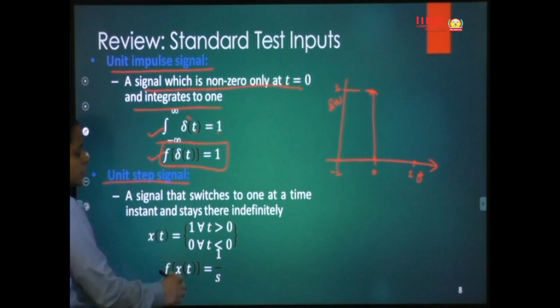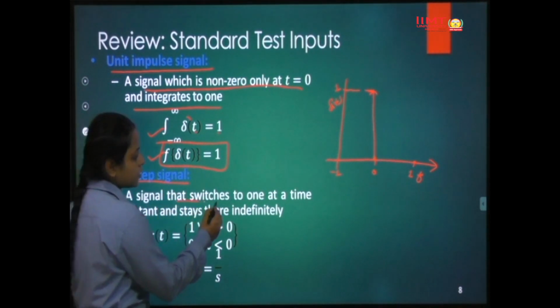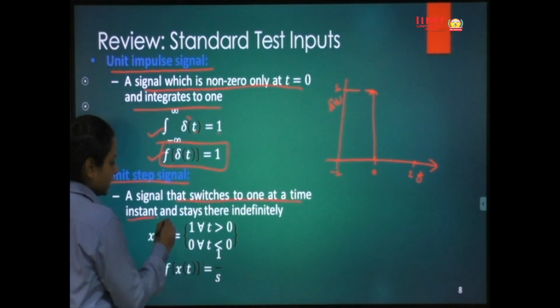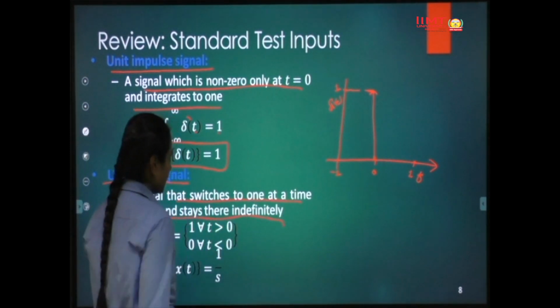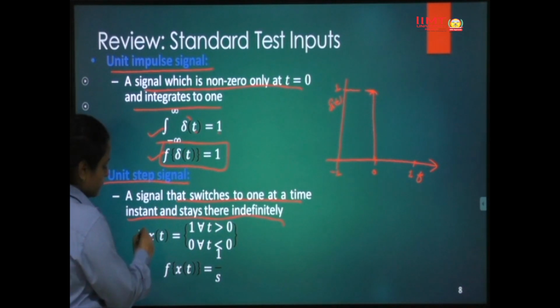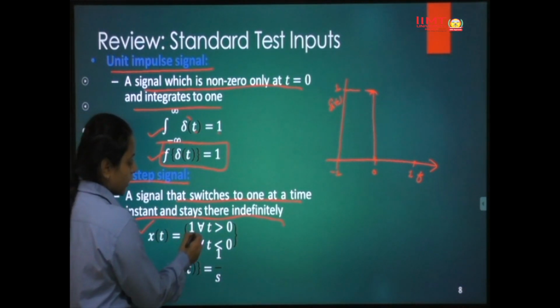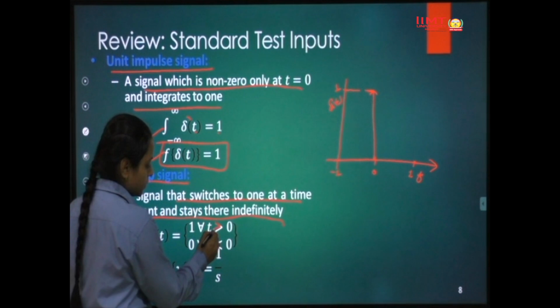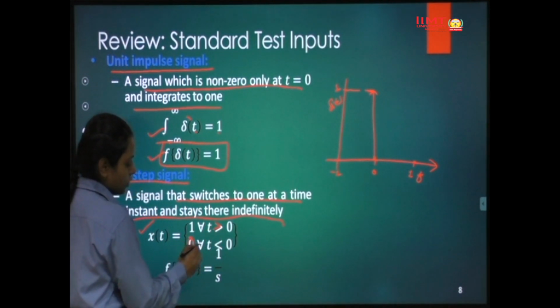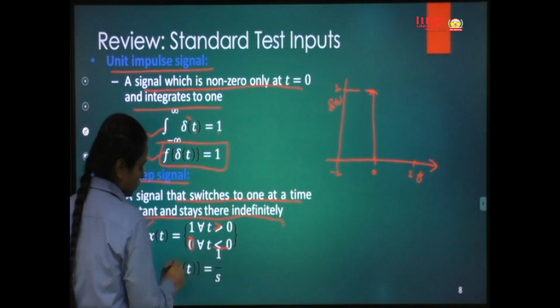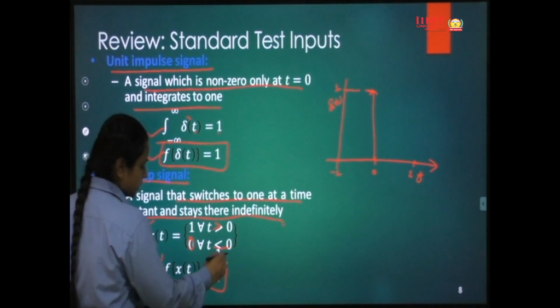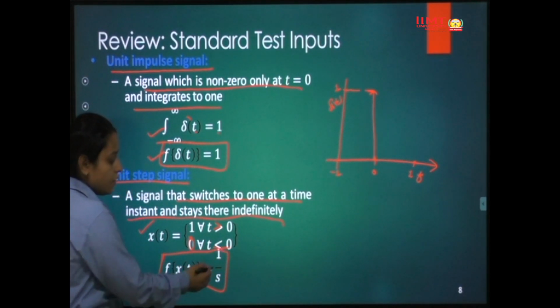And the second one is the unit step signal. It is a signal that switches to 1 at a time instant and stays there indefinitely. Mathematically it can be written as x(t) equal to 1 for all t greater than 0 and x(t) equal to 0 for all t less than 0. The Laplace transform of x(t) would be equal to 1 by s.